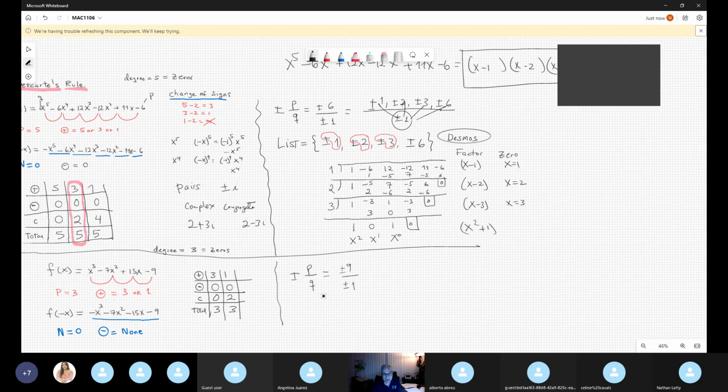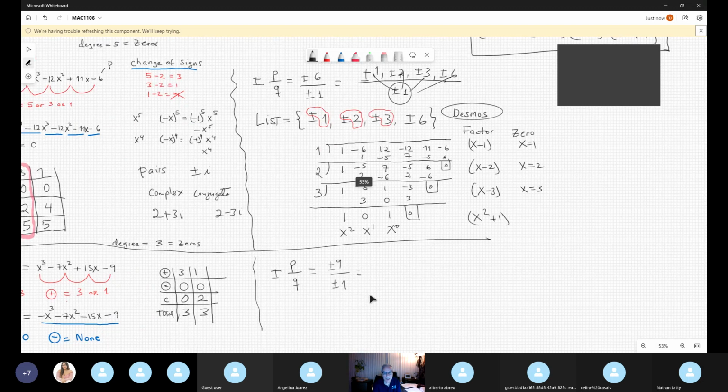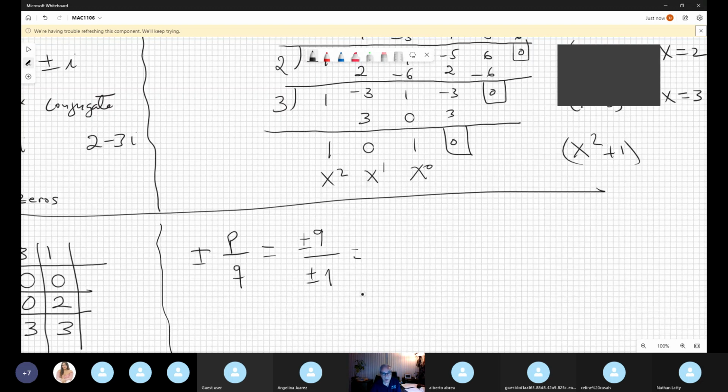The list of divisors of 9 is plus or minus 1, plus or minus 3, and plus or minus 9. So now our potential list is plus or minus 1, plus or minus 3, and plus or minus 9.